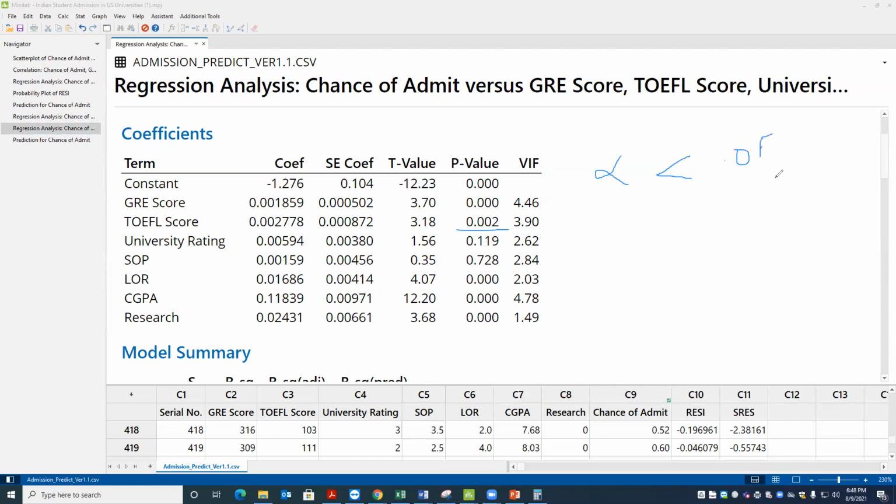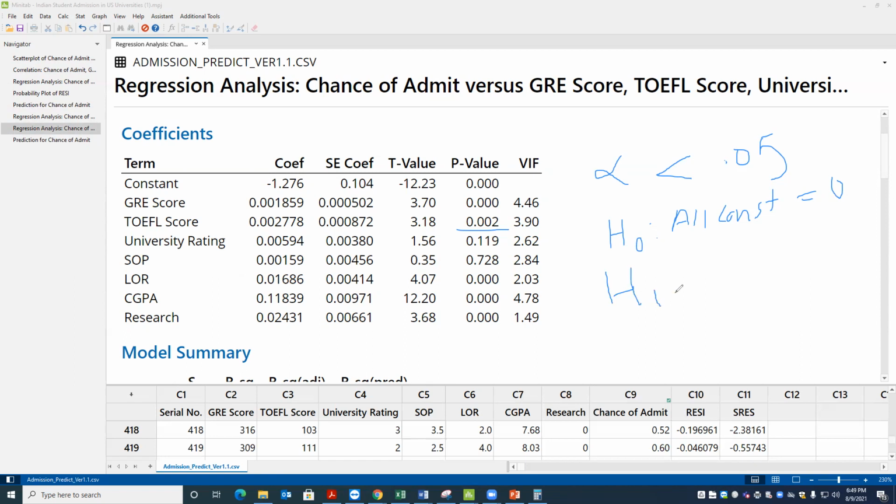So H0 is that all the coefficients are 0.